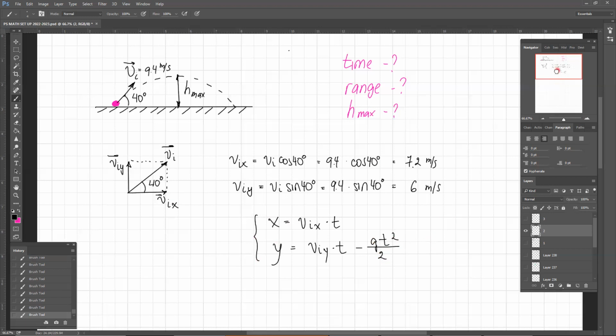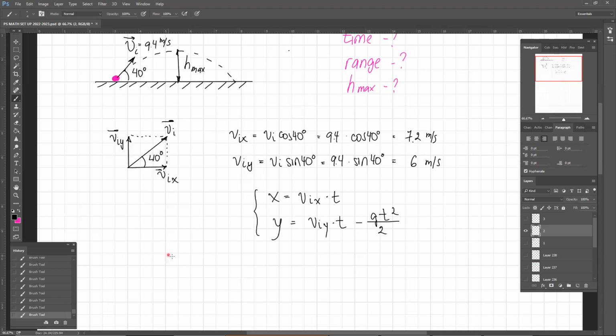I can put my numbers in now. Note that I don't have many numbers, but let's see. I have initial 7.2 times time. I have initial on y 6. I always know 9.8. So actually, the second equation looks quite favorable.